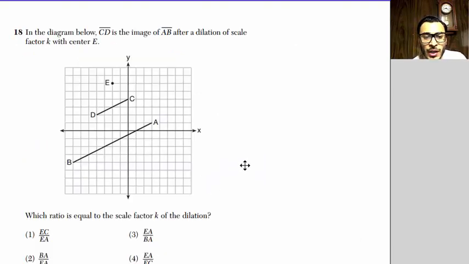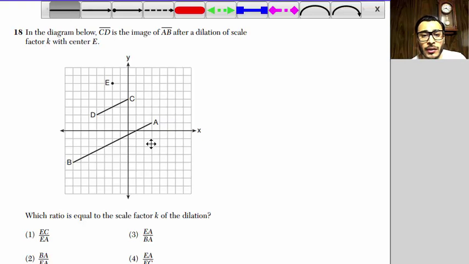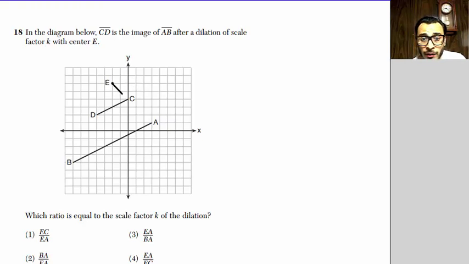Okay, we've made it to number 18. Which ratio is equal to the scale factor K of the dilation? All right, so we're looking for the scale factor. Now, there's 2 ways to get the scale factor here. Let me just go ahead and join ECA and EDB.